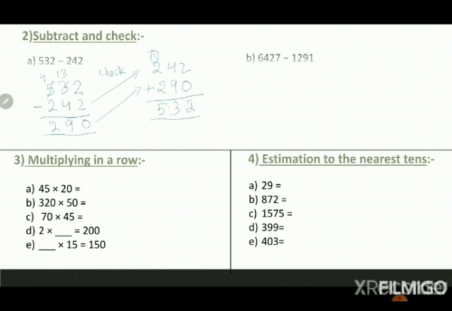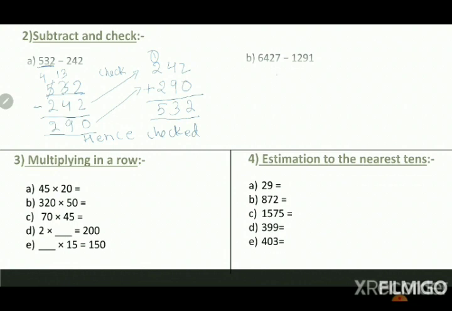So the answer which you got after addition, you will see, is this answer same as the first number which was given here, 532, 500? Yes, it is same. So if your subtraction is correct, after checking you will get the answer same. Okay, so that means your subtraction is correct. So we write hence checked.